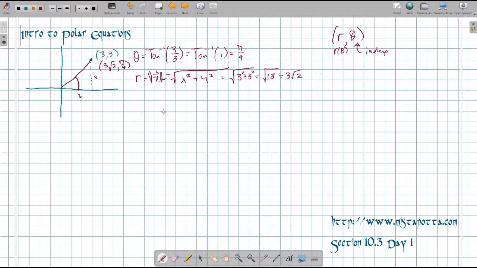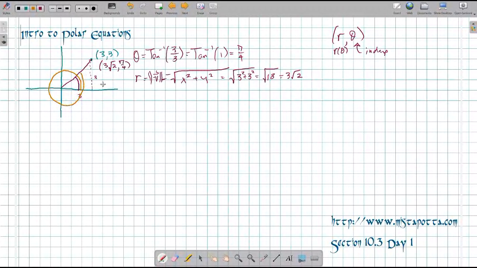Now, I've got this point listed here, but one of the things that we also discussed in our pre-calc classes was something called coterminal angles. I could go from the positive x-axis to this line and get pi over 4 as my angle. But I also could make a full revolution before I come back here.